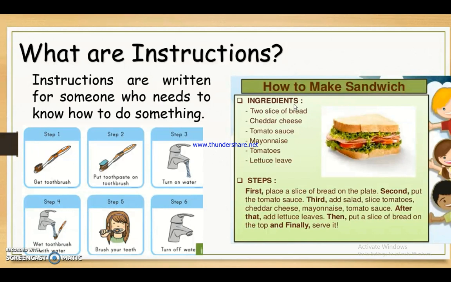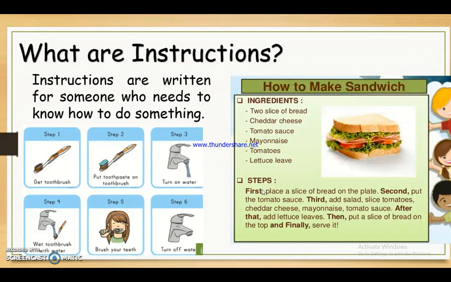I told you before about the word ingredients. This is the food that we need for making a certain dish. Here we have the ingredients: 2 slices of bread, cheese, tomato sauce, maybe mayonnaise, tomatoes, lettuce leaves. Okay?